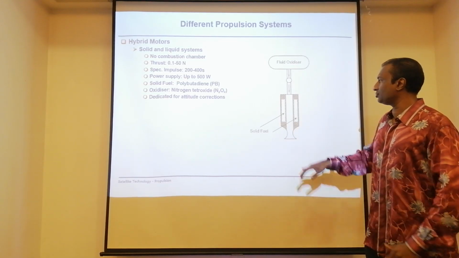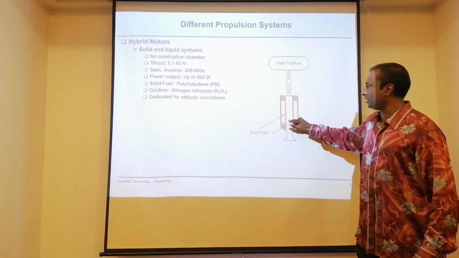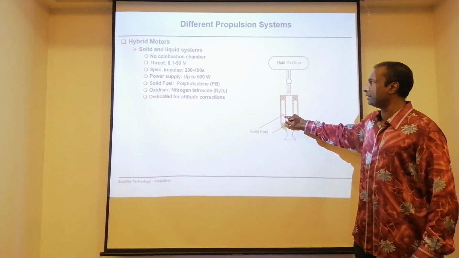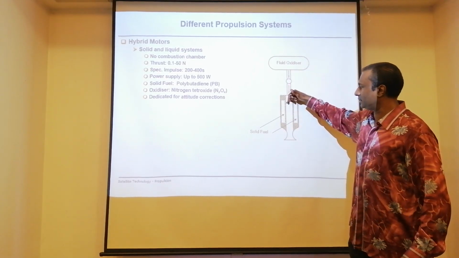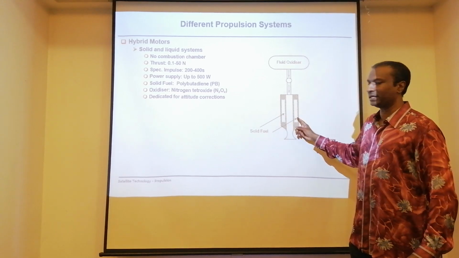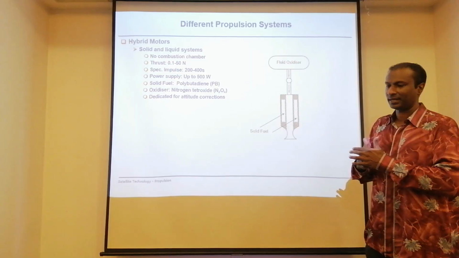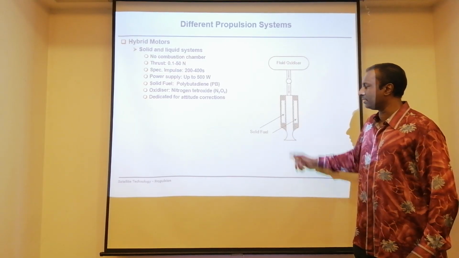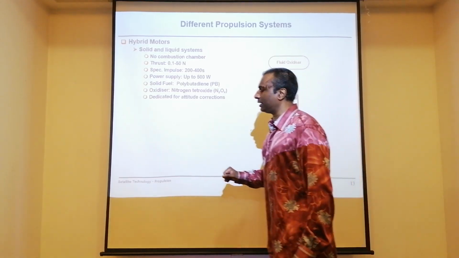No combustion chamber because you don't need one. The reason being, the solid booster is basically going to be burned. So the oxidizer is pumped in, then you have this fuel as a solid booster. So this gets connected with the oxidizer. You just burn, and then your thrust is in this direction. All right.